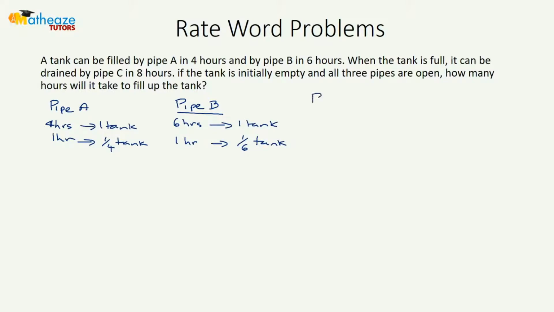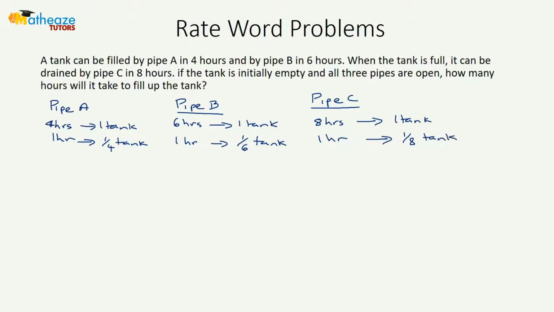Now we have pipe C. Pay attention to what pipe C does. Pipe C is a draining pipe, so that's very important to note. It requires 8 hours to drain one tank, and so in 1 hour it can only drain 1/8 of the tank.